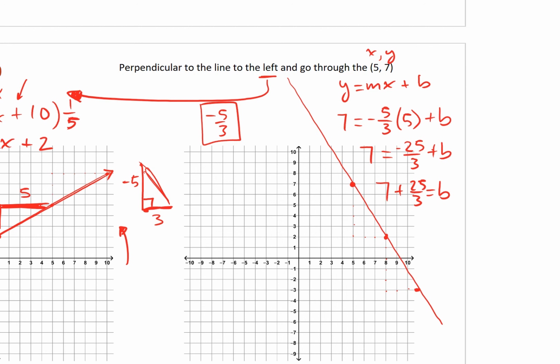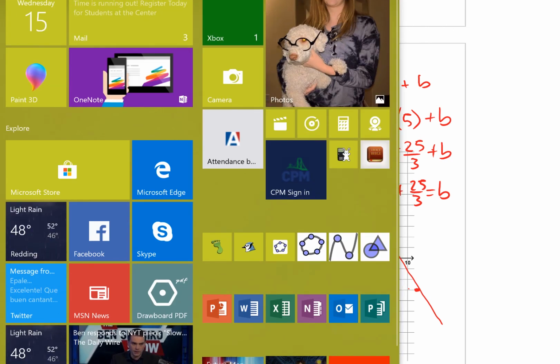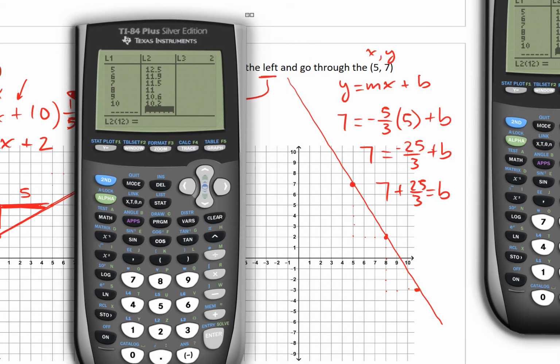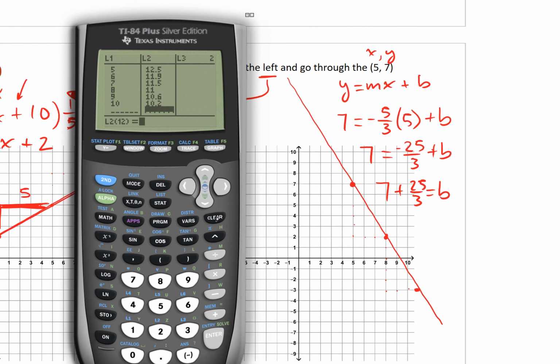Not entirely necessary, but you can grab your calculator and ask it to do the addition here. So I'm going to say 7 plus, and then grab the fraction template and go with 25 over 3. And when I do that, I get exactly 46 thirds.